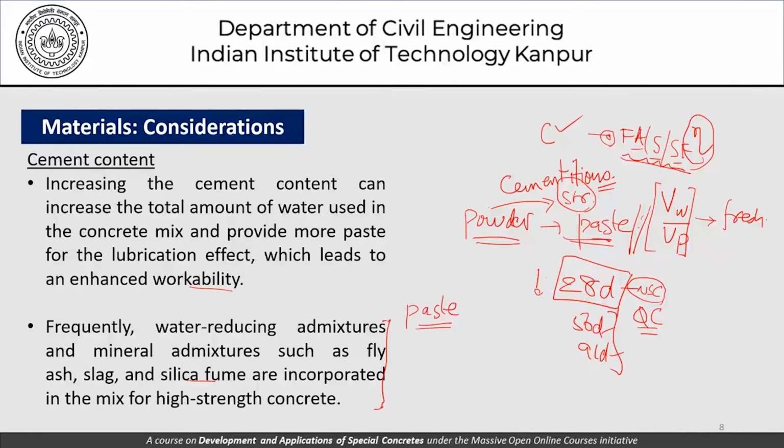Having said that, if the strength development has to continue for a longer time and we are relying on that, then that also increases the importance of curing. It puts more responsibility on us that we should ensure that the concrete is cured for a longer time when we are dealing with high strength concretes.